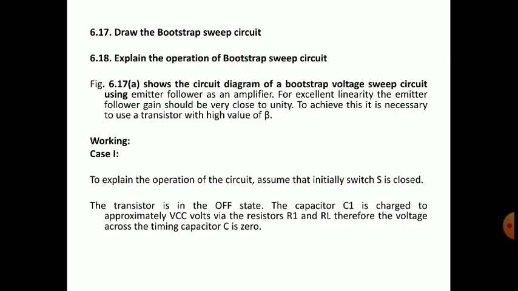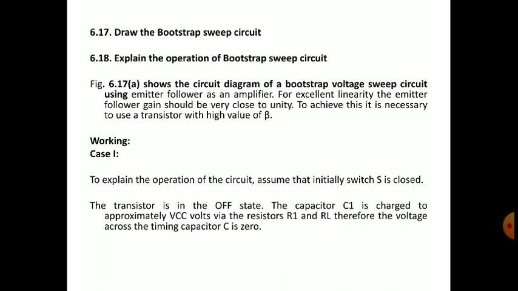That is the first condition to obtain a sweep voltage. So for excellent linearity, the emitter follower gain should be very close to unity. To achieve this, it is necessary to use a transistor with a high value of beta, a high value of current gain.